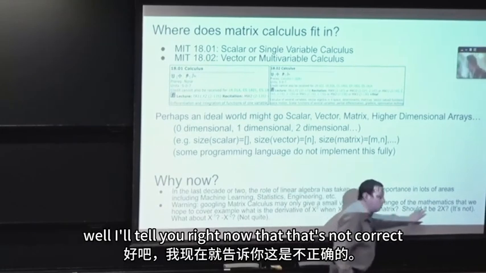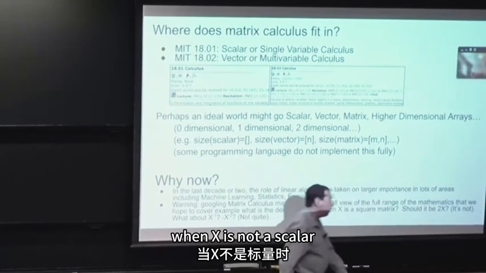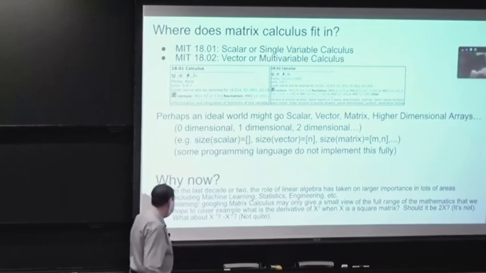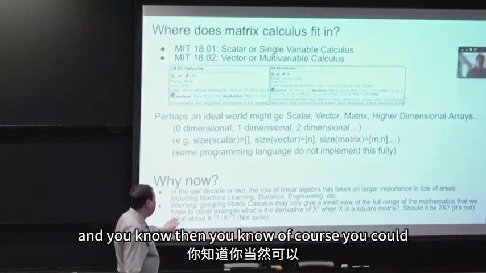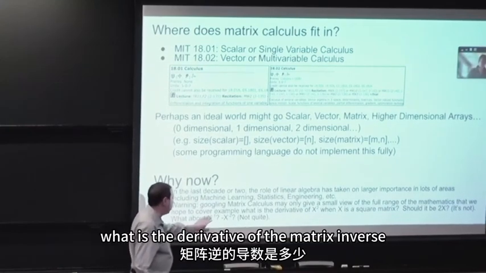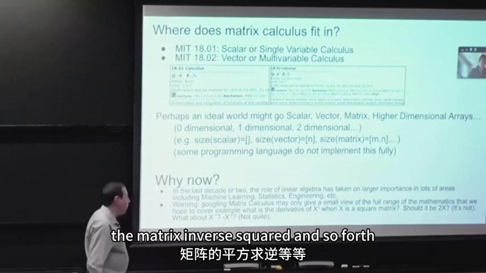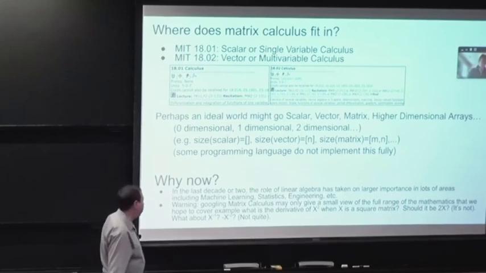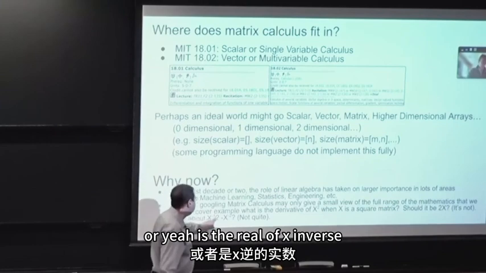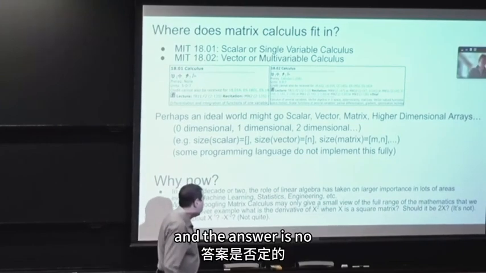Well, I'll tell you right now that that's not correct when x is not a scalar. And then of course, you could ask what is the derivative of the matrix inverse, or the derivative of the matrix inverse squared, and so forth. Is the derivative of x inverse the same as negative x to the minus 2? And the answer is no.